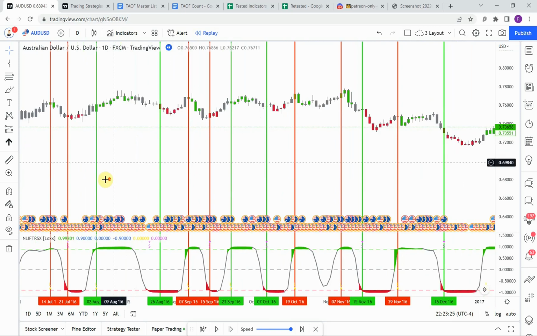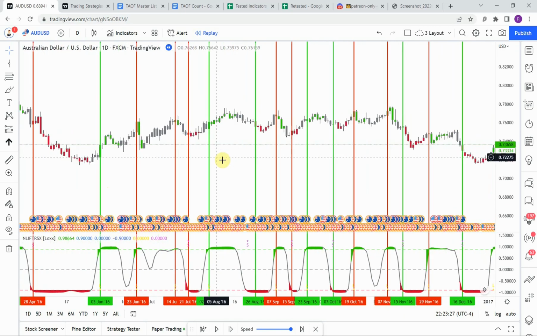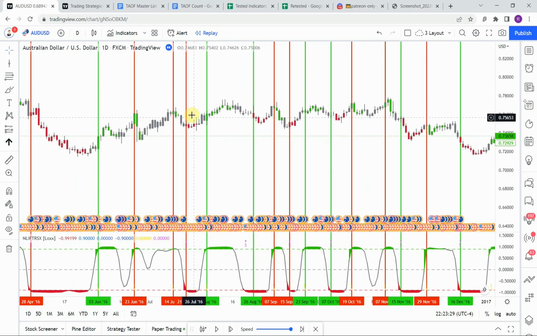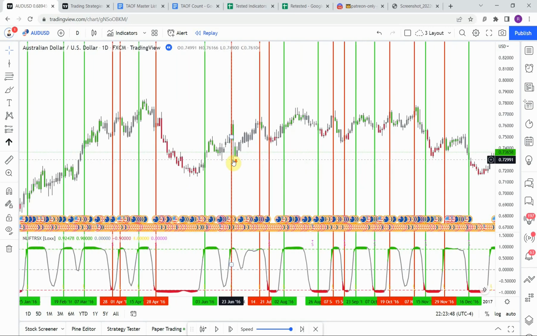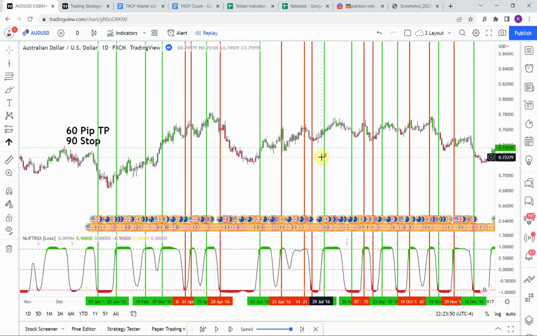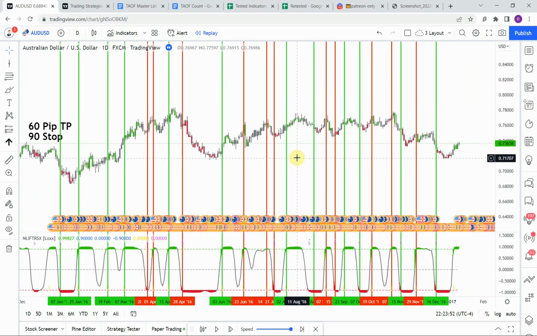But then there were moments where the trend wasn't moving quite as nicely, and it just seemed to be out of timing with the signals, calling trades right at the top and right at the bottom of where it should have been, or the small trend moves, and that really did just kind of punch down our win rate just enough that it wasn't able to meet that 60% criteria.